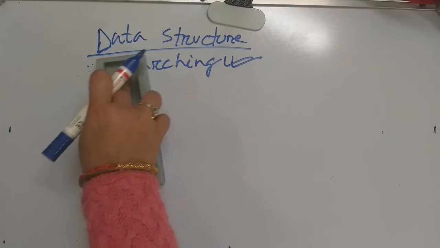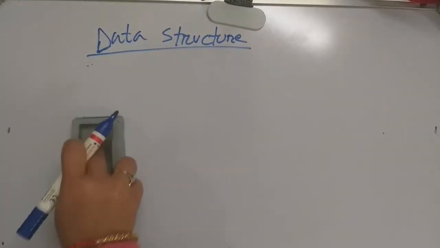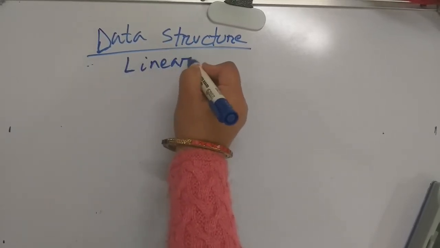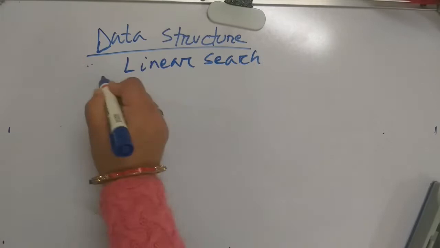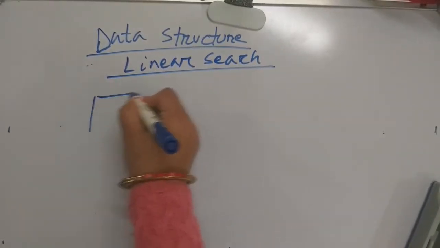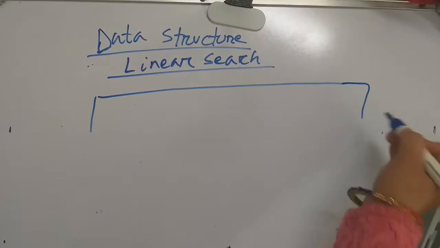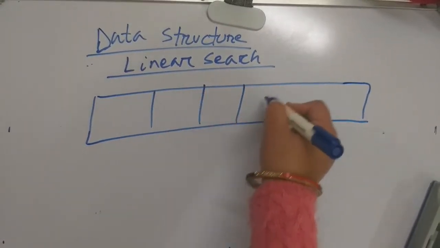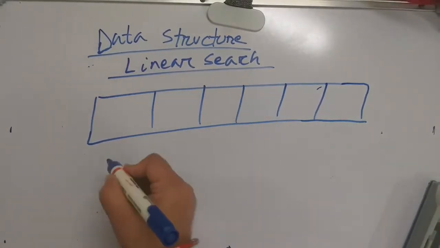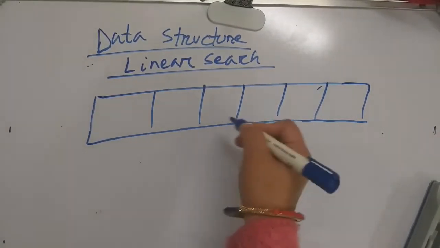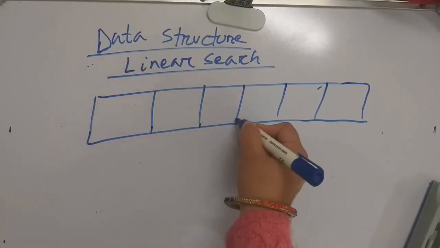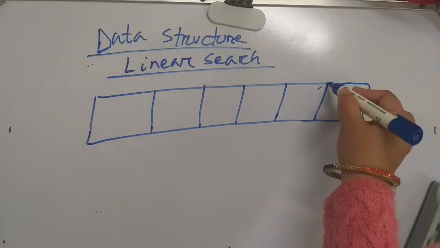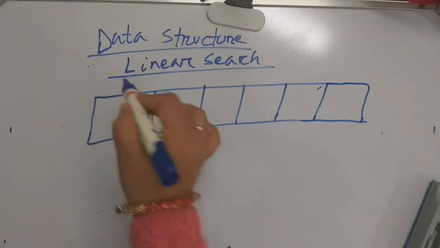Next is linear search, where we search the list linearly. How do we search the list linearly? Suppose this is the list given. How do we search whether the element is in the list or not? We discussed the array concept before searching and sorting: what an array is and how we store it.